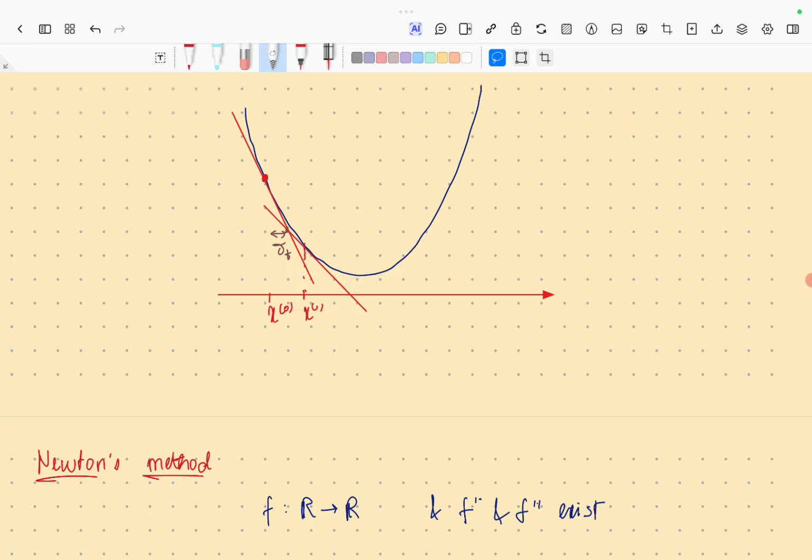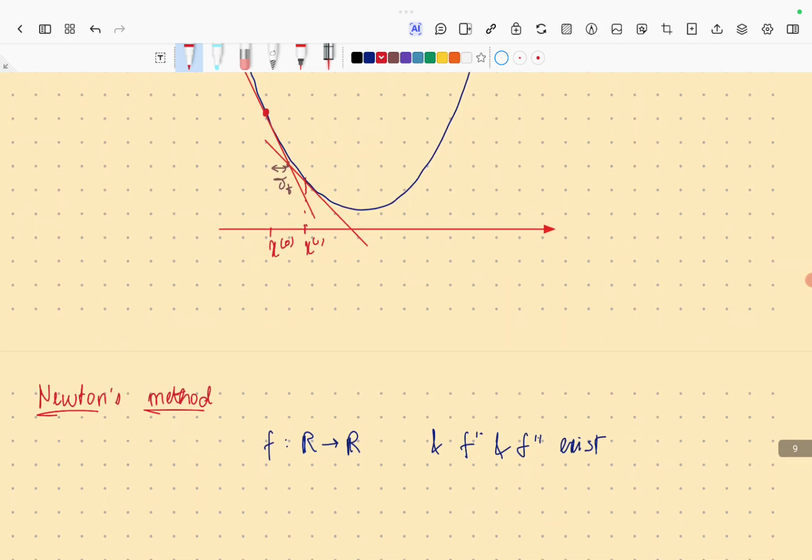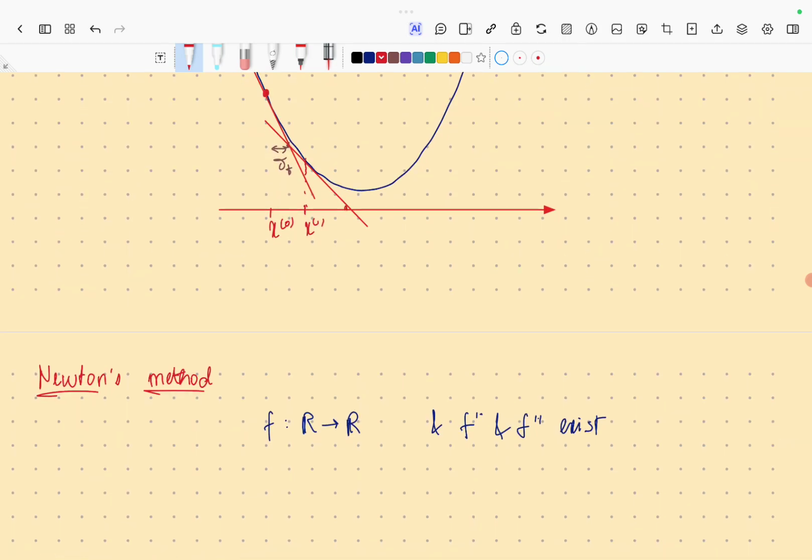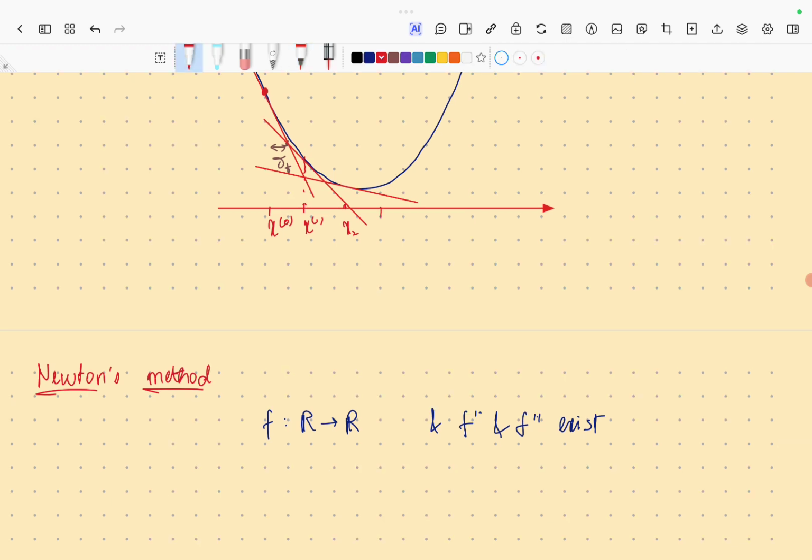And you get another x2. You move along this direction, you get maybe an x2. And once again, you construct the first order approximation to get x3 and so on and so forth, right? You move back and forth until you hopefully eventually get to the global minimum. Okay.